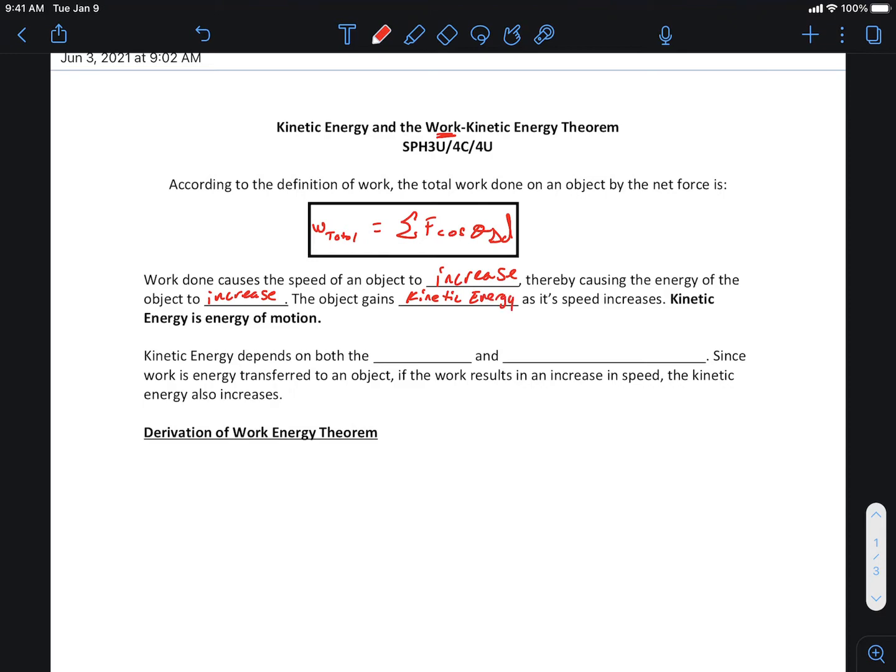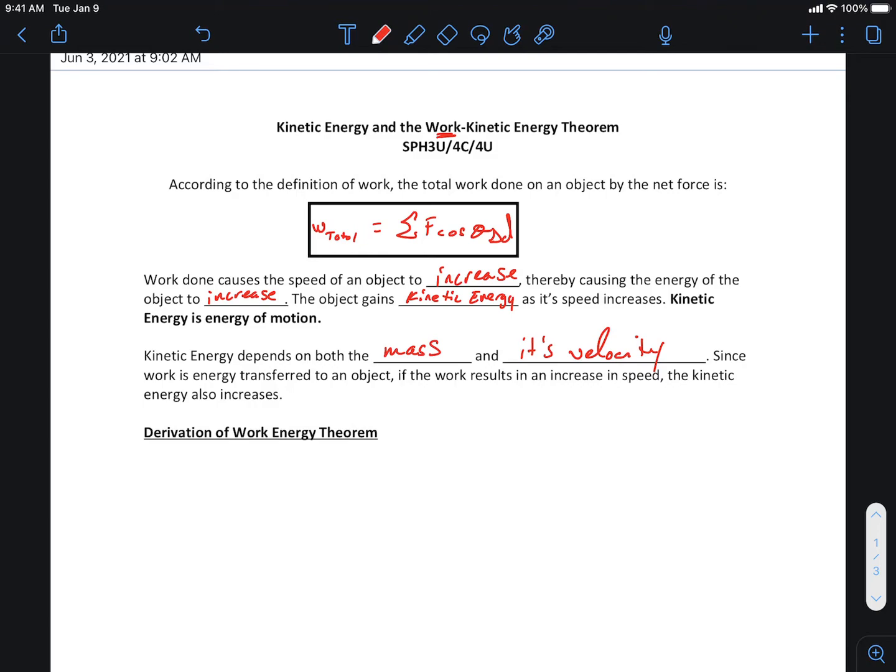Okay? So there are two things that kinetic energy depends on, right? One is the mass of the object, and the second is how fast it's moving, so its velocity. Since work is energy transferred to an object, if the work results in an increase in speed, the kinetic energy also increases.